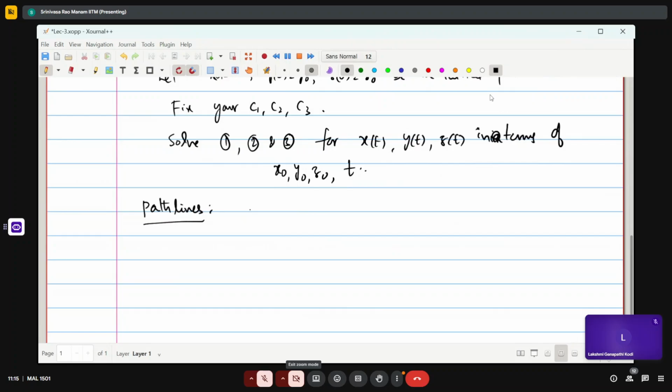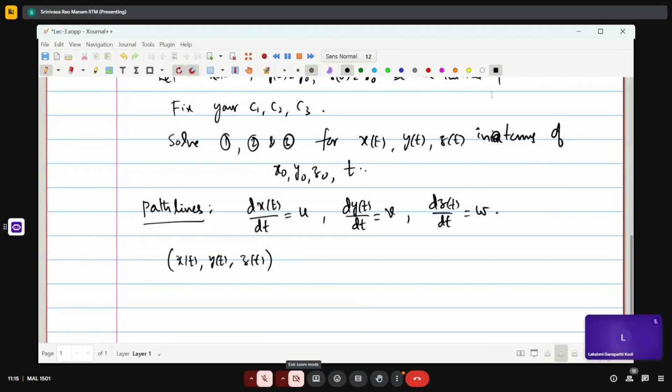So if you follow the particle, x of t, y of t, z of t, just by solving these equations, you will get u of x of t, that is, u of x, y, z, t. Basically, velocity components can be given as in the Eulerian system also.